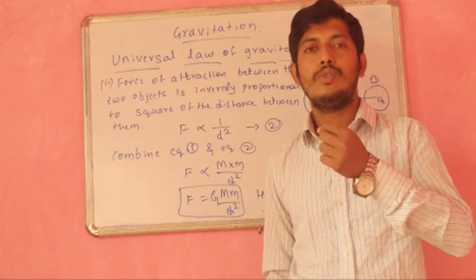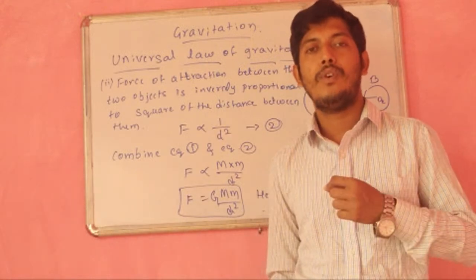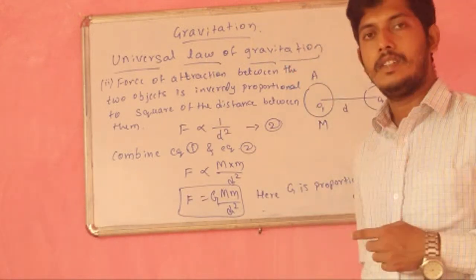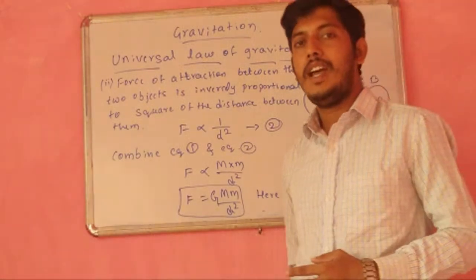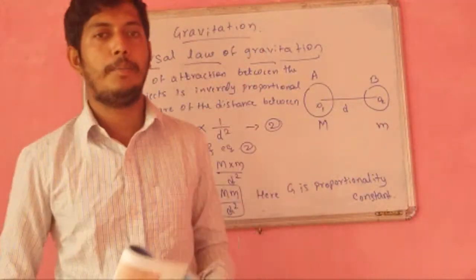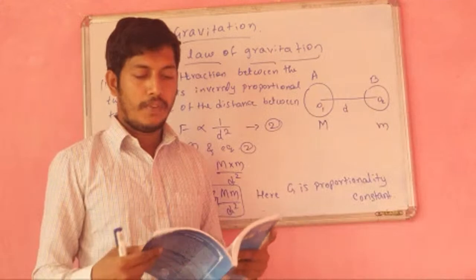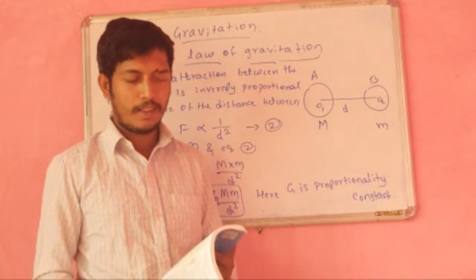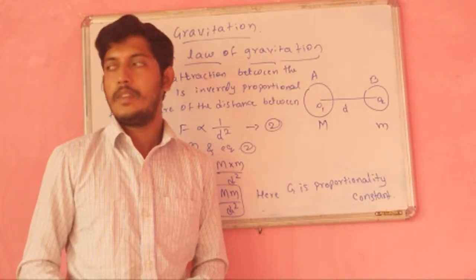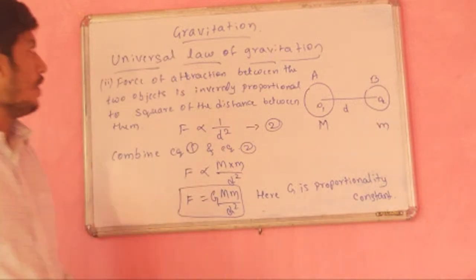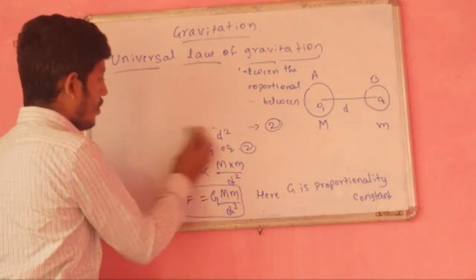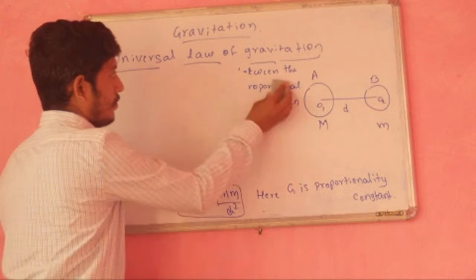So now we want to find out the expression for capital G here, and what is the value of capital G. That is given in page number 134. First we have to rearrange this expression.